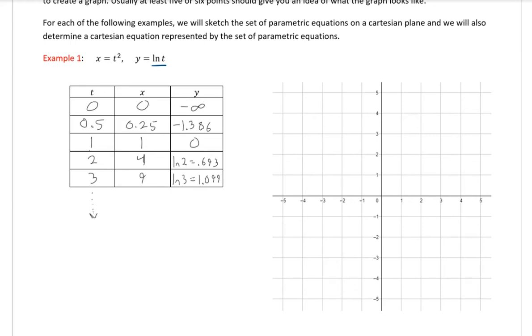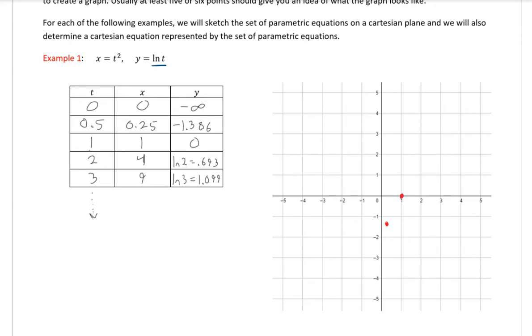So I'm going to do so on this graph here. For the first one, it has an infinite bound, so we'll deal with that in a moment. But I have, for t of 0.5, x is 0.25, which would be around here. And then y is negative 1.38, so maybe around there. Then I have 1, 0, which is right there.